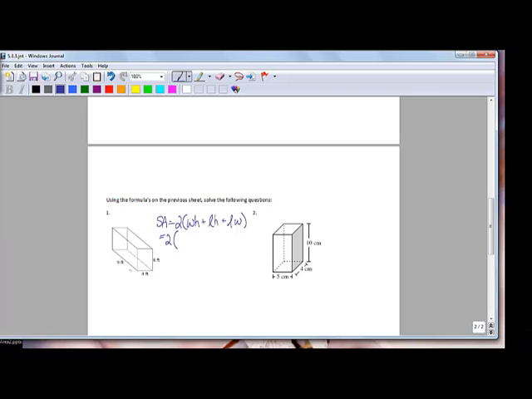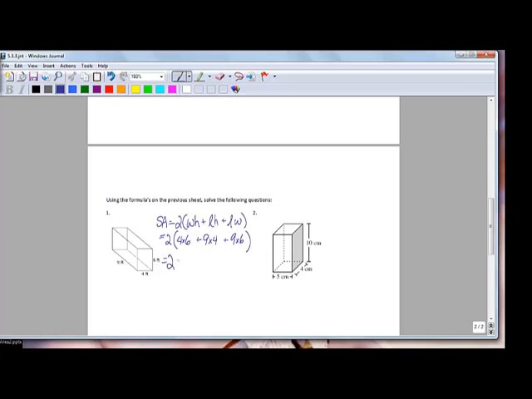We've got a 4 times a 6, and 9 times a 4, and a 9 times a 6. With rectangular prisms, we talked about this in class, whether it's up and down or on its side, the length and the width get different names and different labels. So really you just need 3 combinations of those numbers.